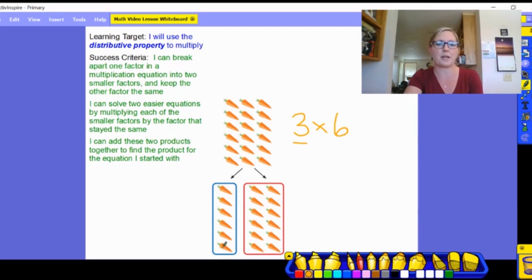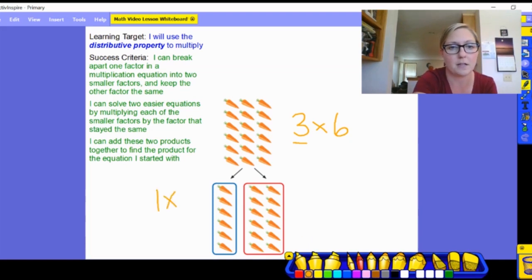And so in this array, they're showing how instead of having 6 rows of 3, you could break it apart into 6 rows of 1 over here, and 6 rows of 2 carrots over here. So in this example, they broke apart the 3 into 1 and 2.